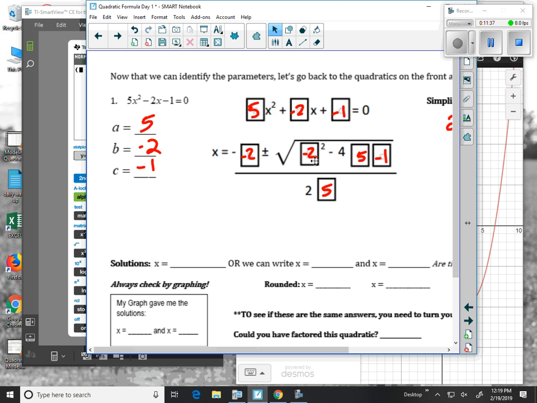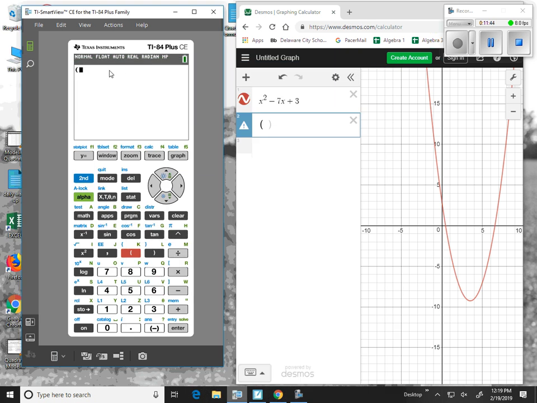Okay, it's negative 2 squared minus 4 times 5 times negative 1. Parentheses are our best friend. Do you hear me? Okay, so here's what it's going to look like. Negative 2, no radical.